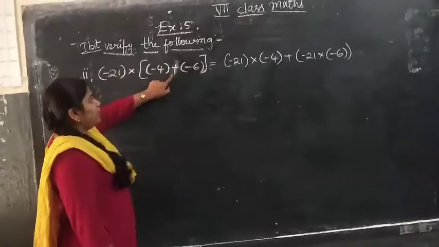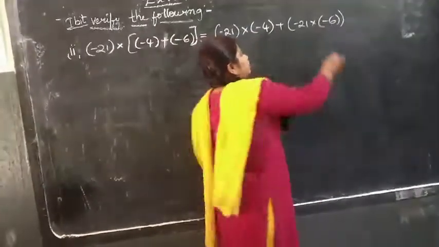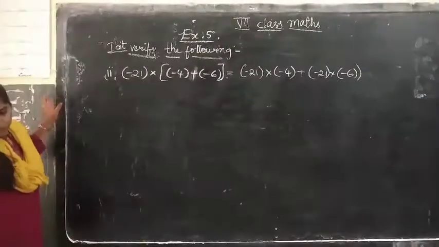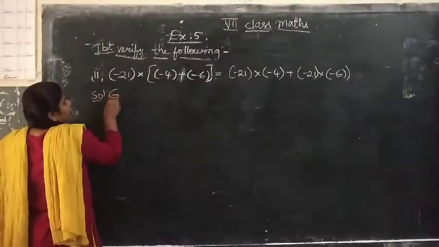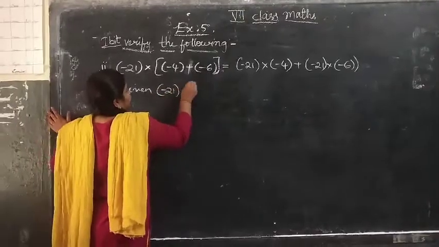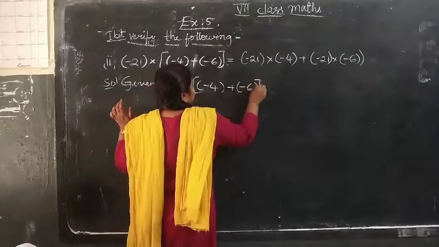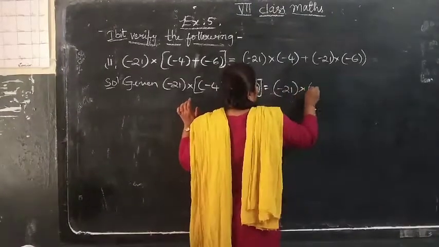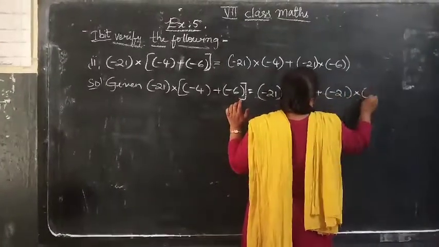A into B plus C is equal to A into B plus A into C. So now solve this. Now first write the given expression. Minus 21 into minus 4 plus of minus 6 is equal to minus 21 into minus 4 plus minus 21 into minus 6.